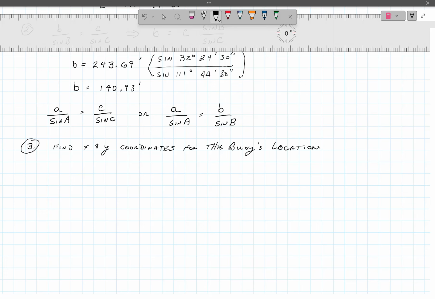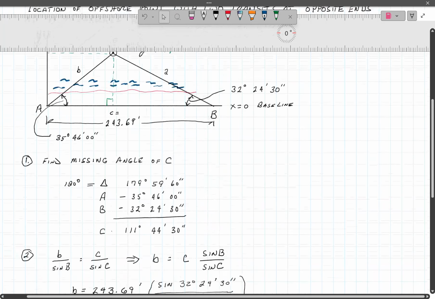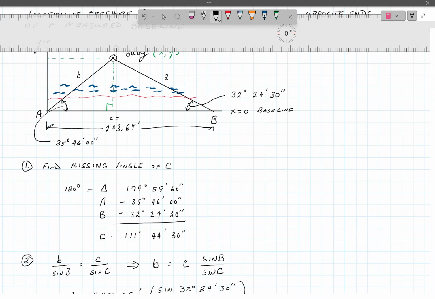Okay, so now we're back to just plain old simple right triangle stuff, because of the way I divided the oblique triangle into a right triangle, and I can use all this stuff over here.